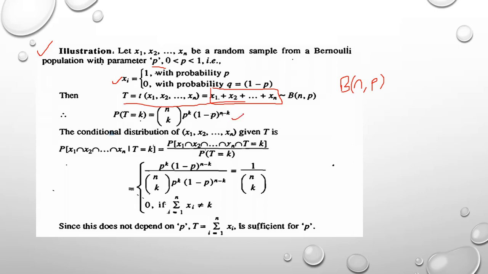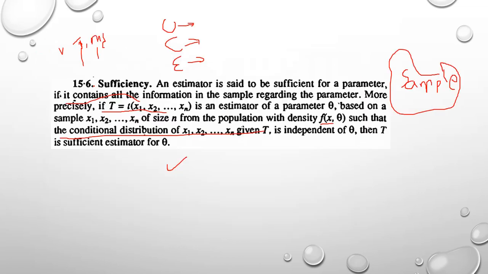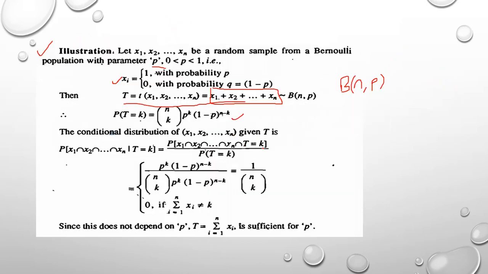Now what is our question? Here the test statistic is this. What is the definition? The conditional distribution of x1, x2, and so on up to xn given t. Here, the probability of x1 intersection x2 intersection x3 and so on up to xn given t equal to k. I am taking k; you can take different notations also.